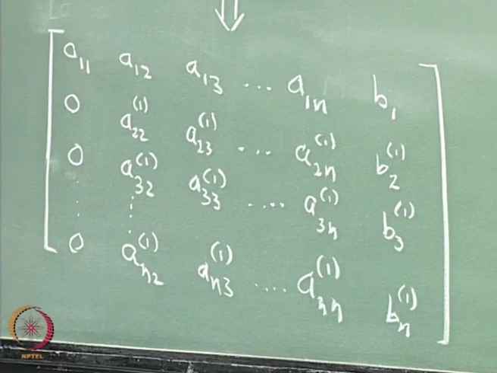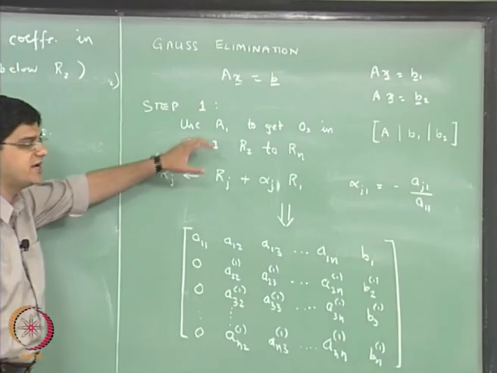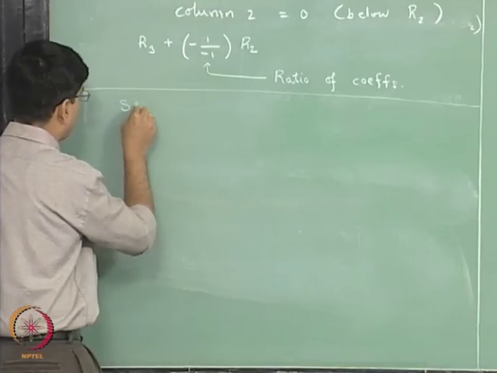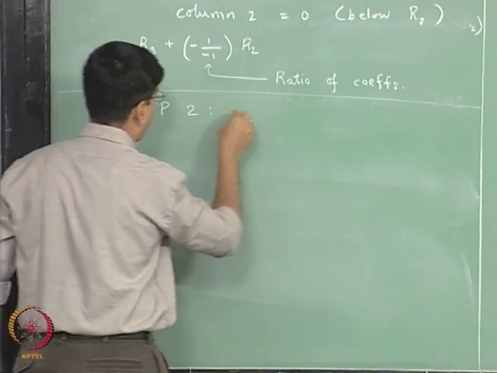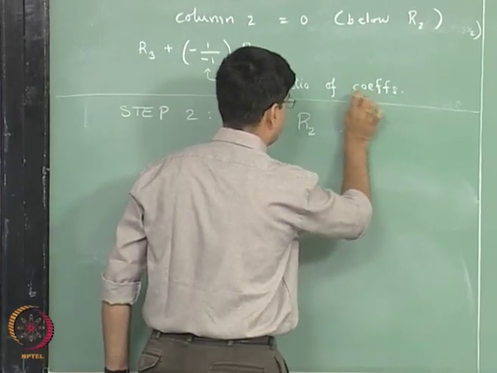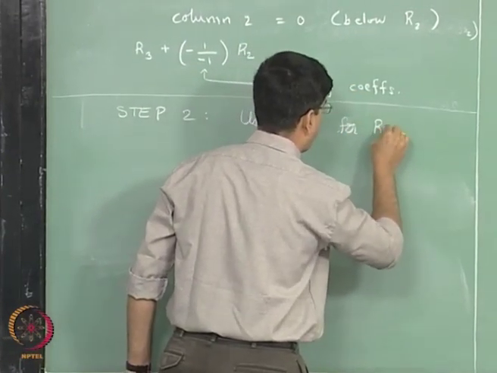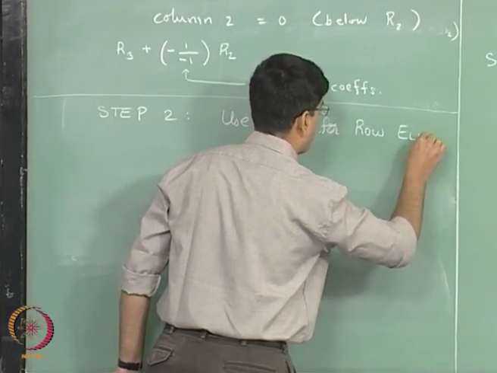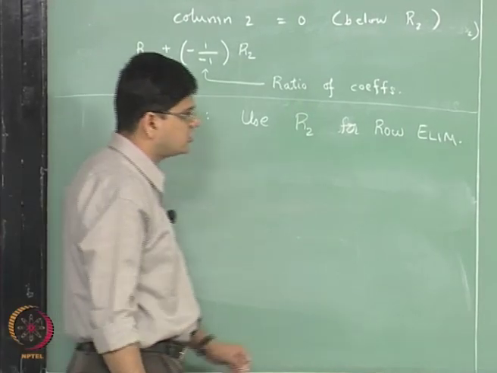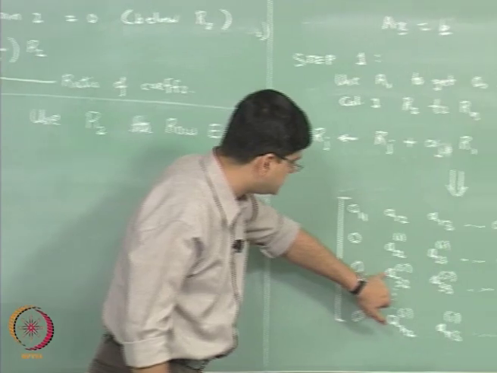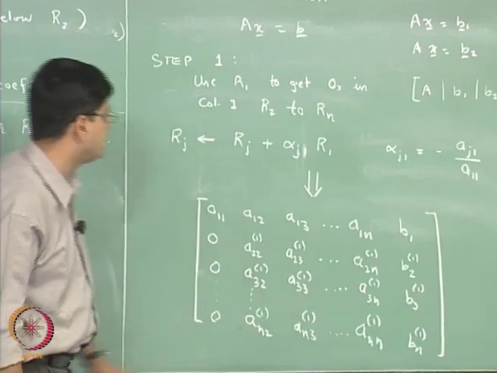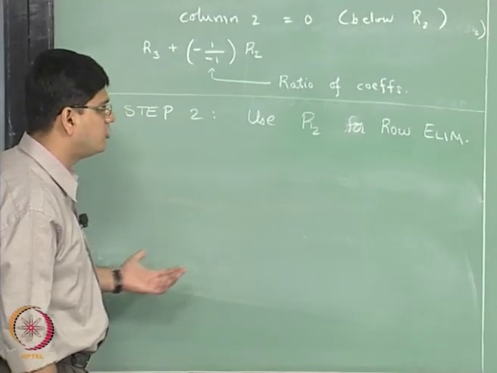In step 2 of the Gauss elimination, we will use row 2 to get zeros in column 2. So step 2 is going to be to use row 2 for row elimination. We want to get 0 over here, here and so on up to this point, and therefore we are going to multiply R2 with an appropriate coefficient.